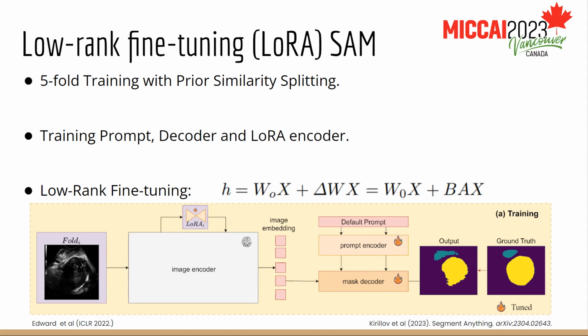Is there any question? Yes, I have a small one, because my first question would also have been about the prompt, so this is already answered. First of all, thank you for this nice presentation, and I really like your approach. I was wondering, the prompt encoder, mask decoder, and LoRA layers of the encoder, they are all trained together, right?